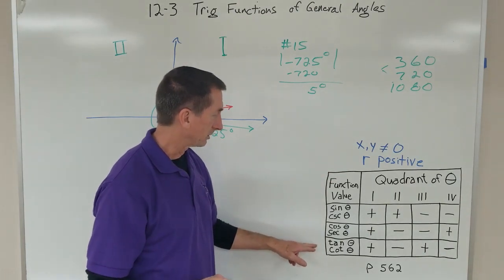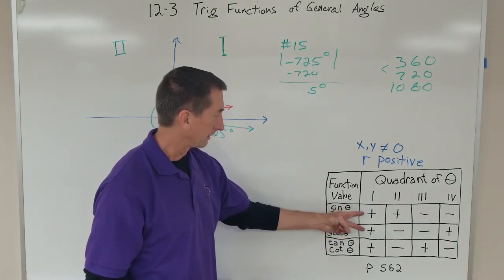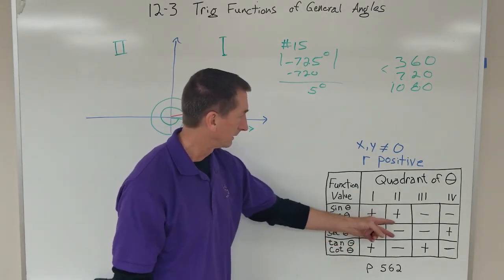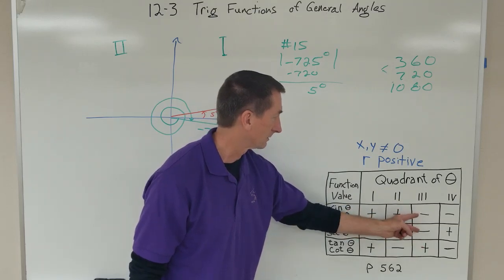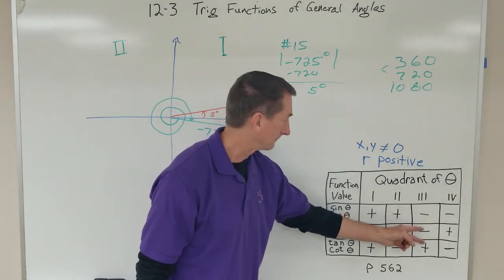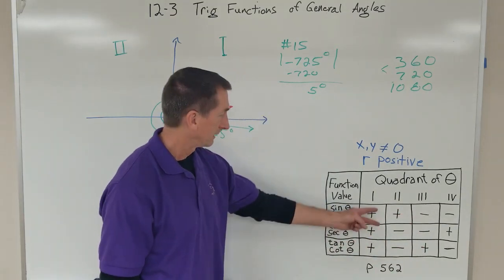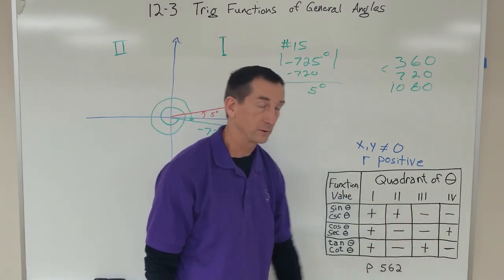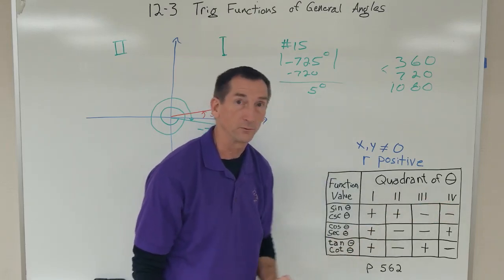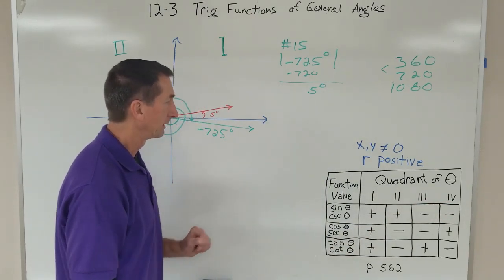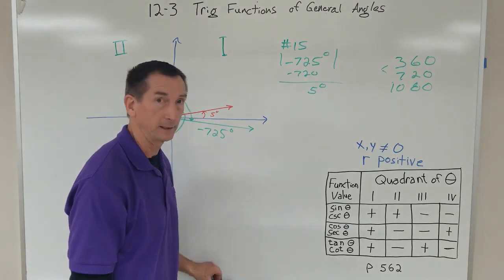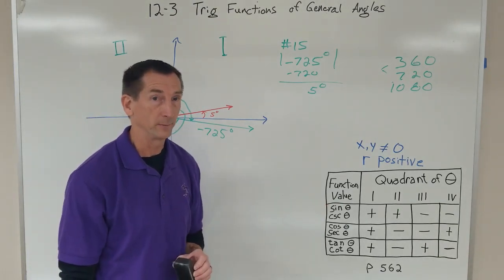But if they're not 0, we know that if the signs are the same, then tangent and cotangent will be positive because we're dividing one by the other. Negative divided by negative gives you a positive. And one positive, one negative is going to give you a negative in both of those cases, in quadrants 2 and 4. Okay, that's that table. We'll be referencing that quite often in the next few problems.